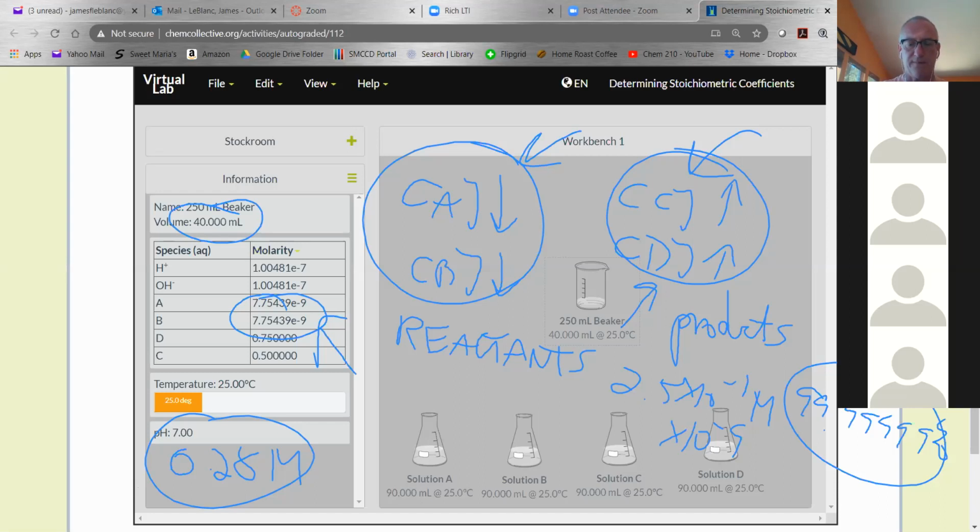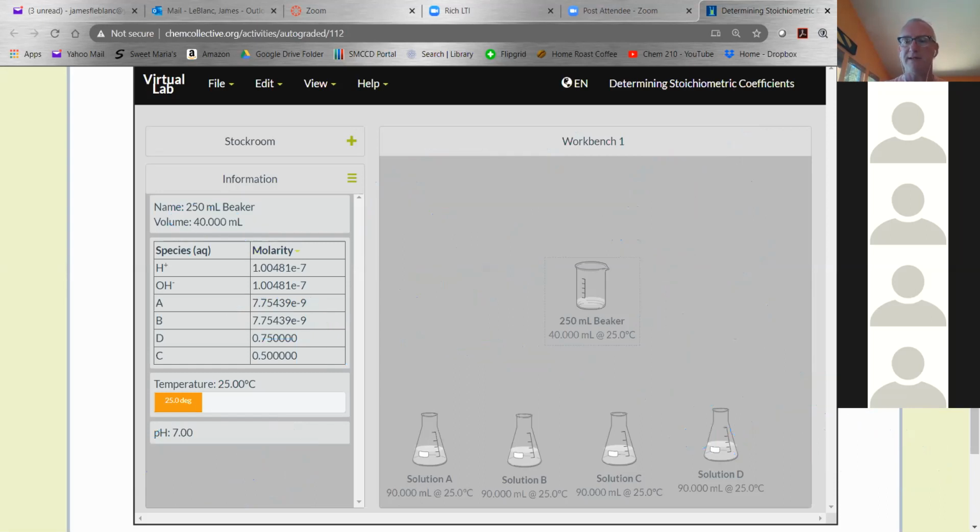So, let me go into what I'm looking for here. Let's clear everything. Basically, what I'd like to see is the smallest combination of chemicals required, and some sort of table.